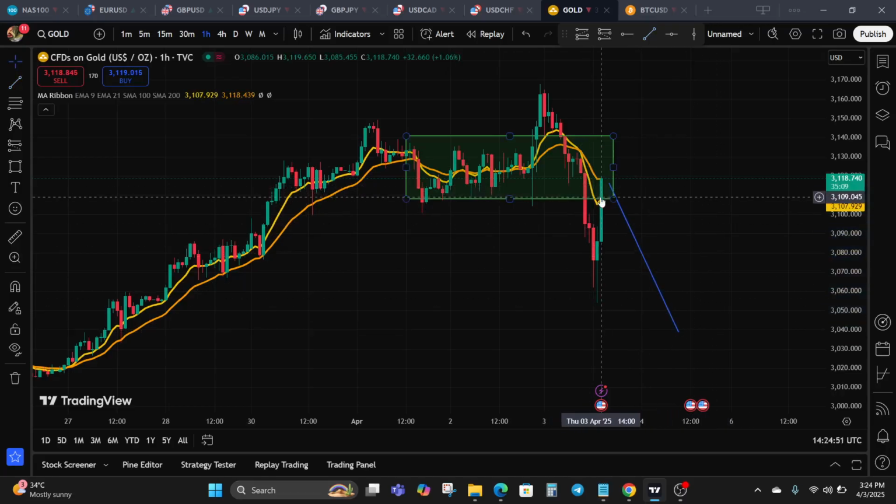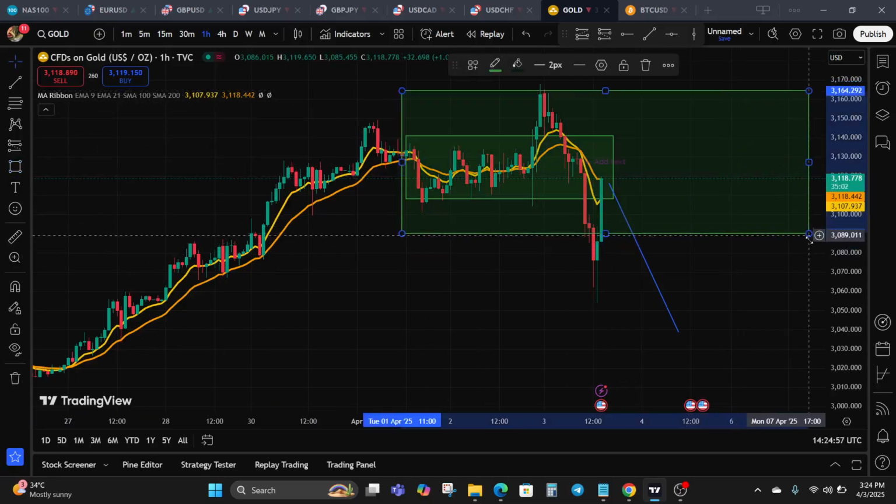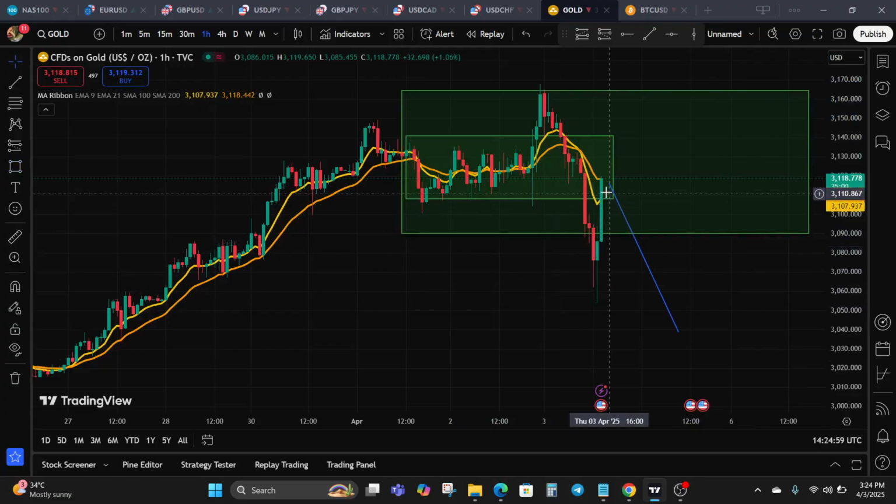But if price happens to get back into this zone and go back upwards, then it might be a wide consolidation that we are looking at. Okay, so it depends on the reaction of price around here.